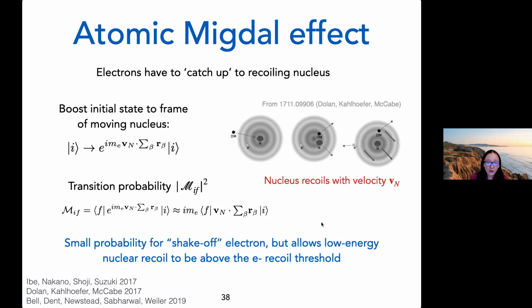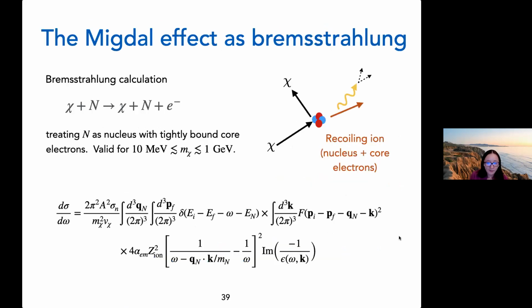So one potential issue with this way of thinking is that it doesn't clearly apply when you go to a semiconductor. A semiconductor is a lattice of nuclei, and the electrons are not just localized around one nucleus, right? They're delocalized wave functions. And so we needed another way of thinking about it.